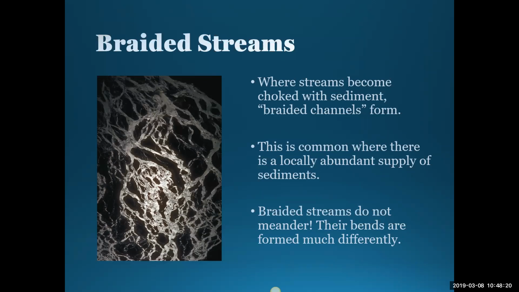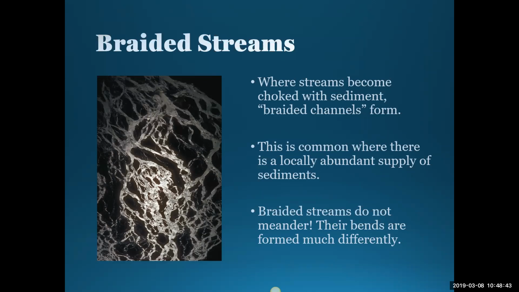So we would say that these bends are not meanders because their bends are formed much differently. It's not that, like we saw in the video, that process where there's some sort of disruption and eventually it starts to bend and it changes where the fastest part of the stream is.